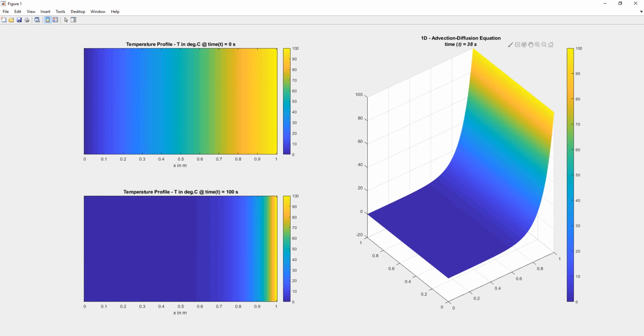So in this case we have an advection-diffusion situation. When compared with pure diffusion, the temperature change can happen quicker in this kind of a setup.